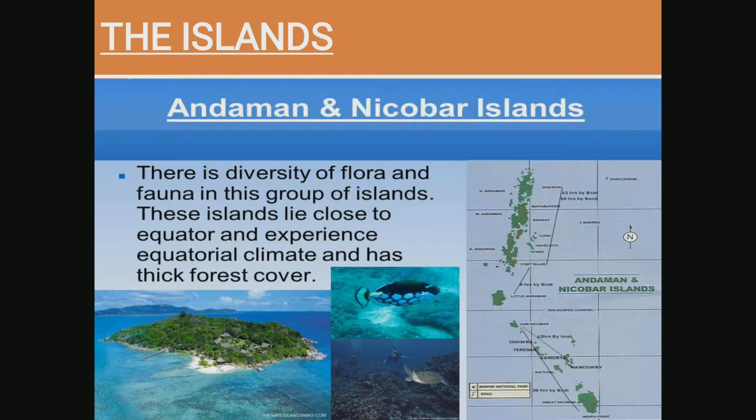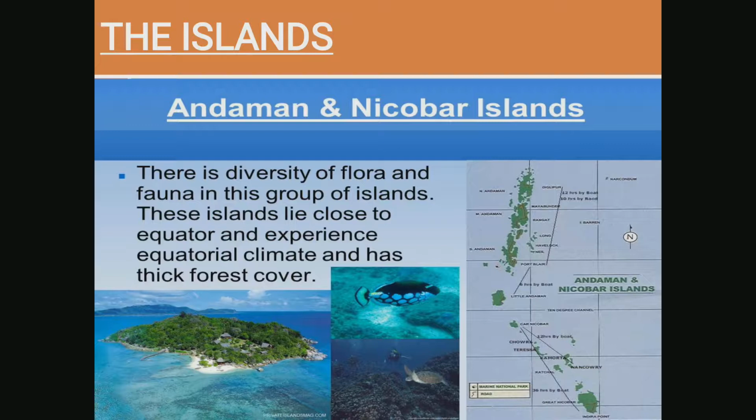The Lakshadweep Island group is composed of small coral islands which were earlier known as Lakkadiv, Minicoy and Amindiv. Dear student, there is a diversity of flora and fauna in this group of islands, as in Andaman and Nicobar.